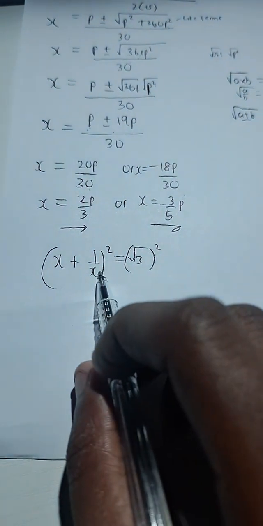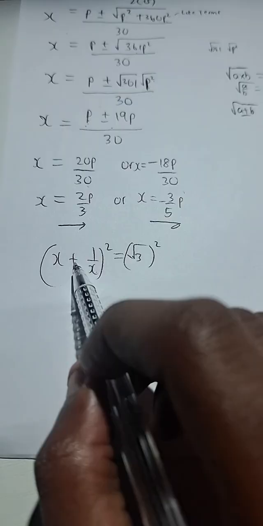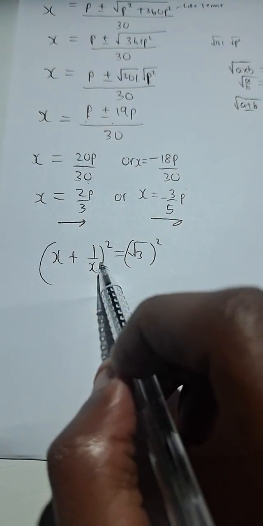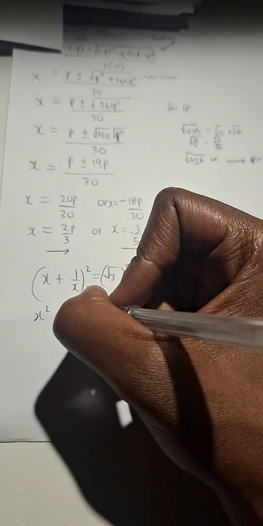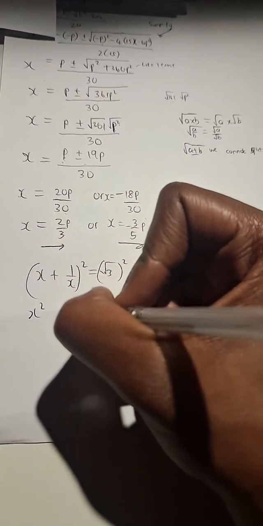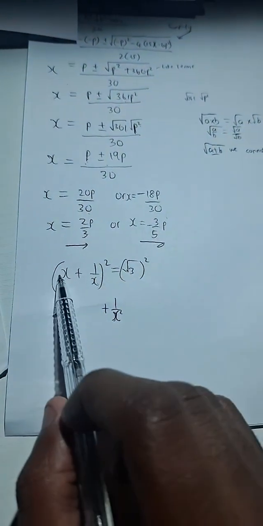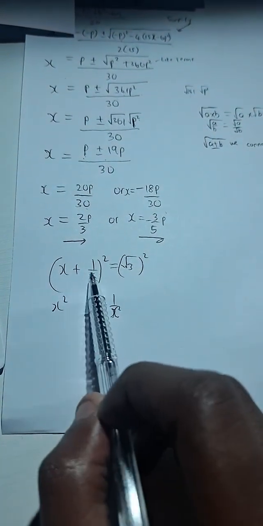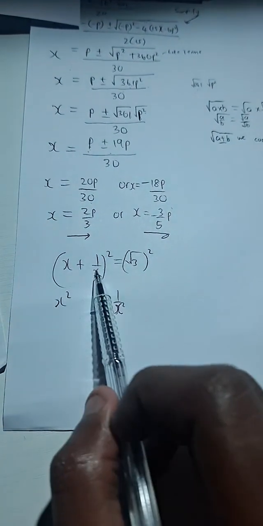When I do that, what happens? Remember, when I square a binomial, what did I say we do? We square the first term, we square the last term, and then we multiply these two to get the middle term.